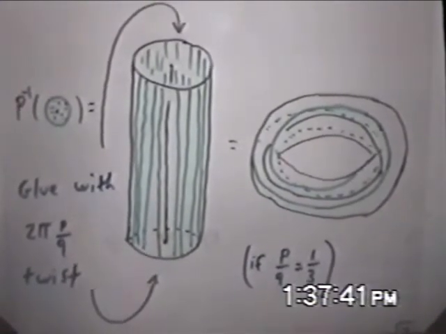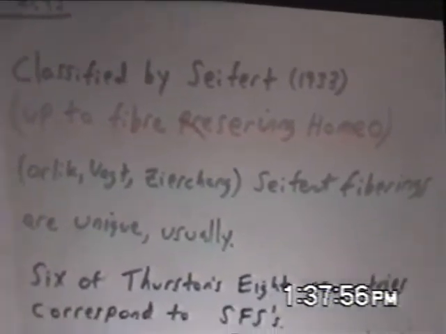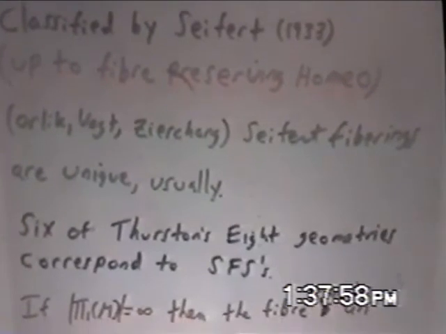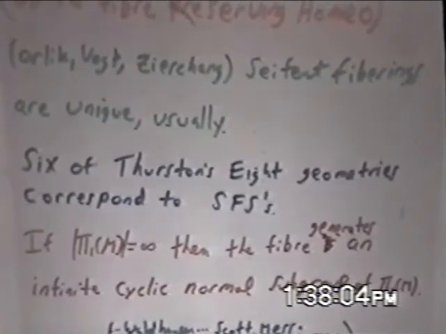And once you know that, then you know a whole lot, because there's a whole lot of facts about Seifert fibered spaces. They were first studied by Seifert around 33, and he actually classified such things up to fiber-preserving homeomorphism.